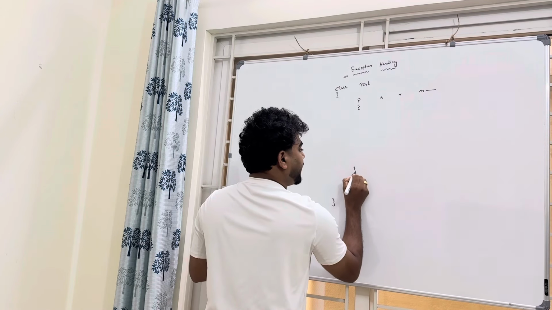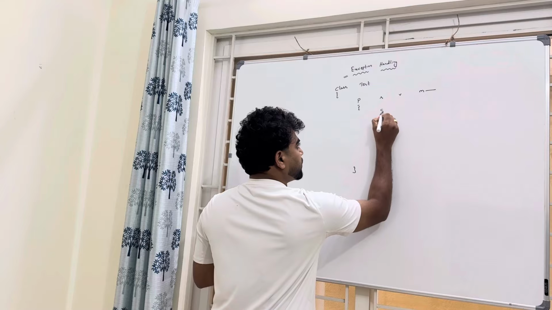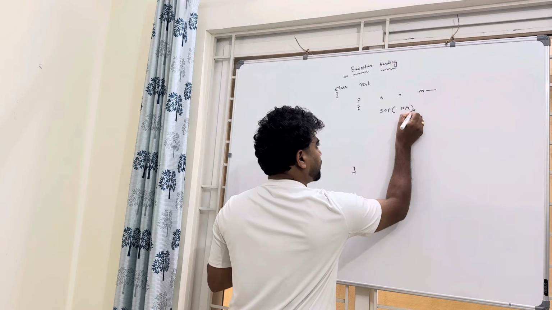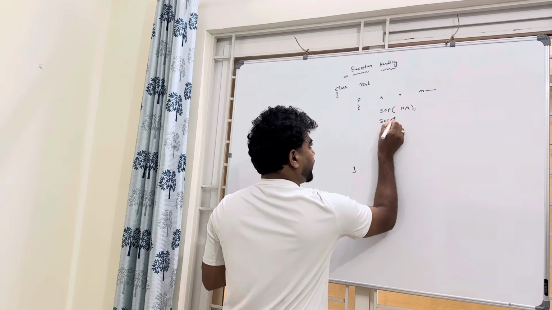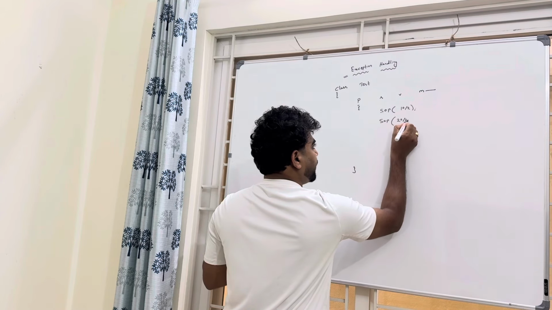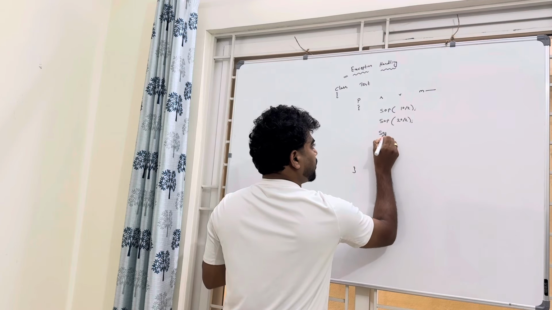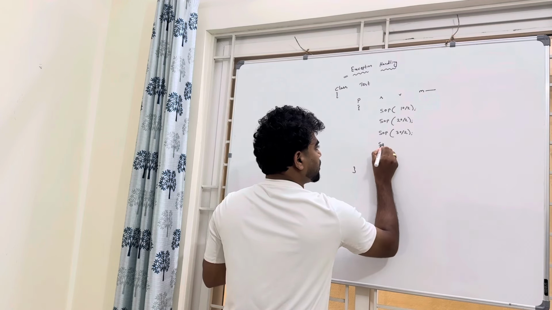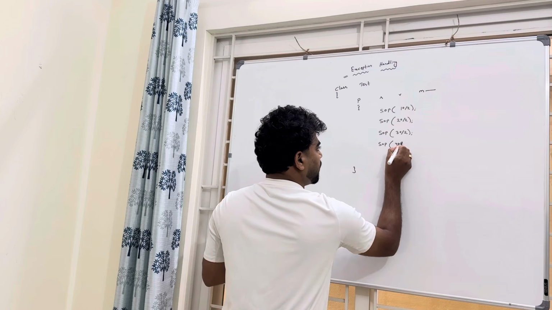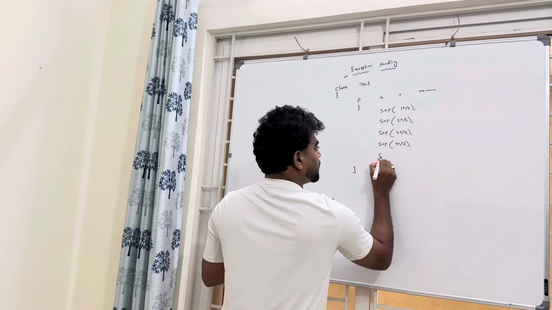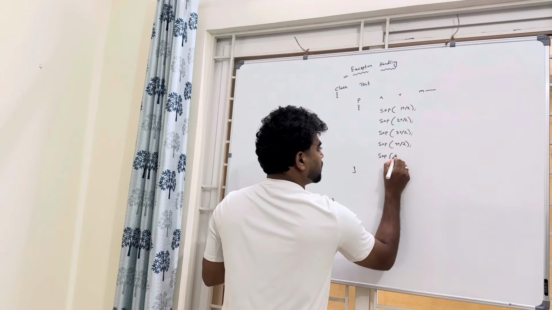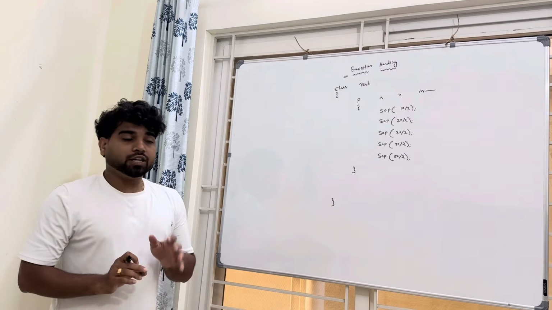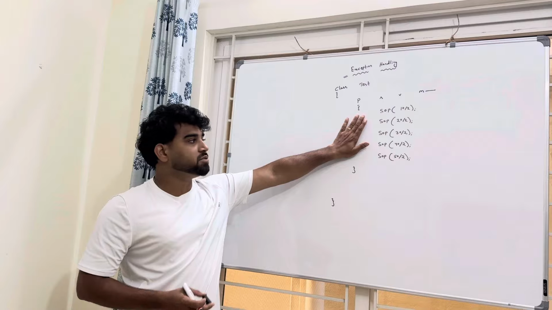Here I'm writing some piece of code: System.out.println of 10/2, System.out.println of 20/2, System.out.println of 30/2, System.out.println of 40/2, and System.out.println of 50/2. For example, I have written this program.